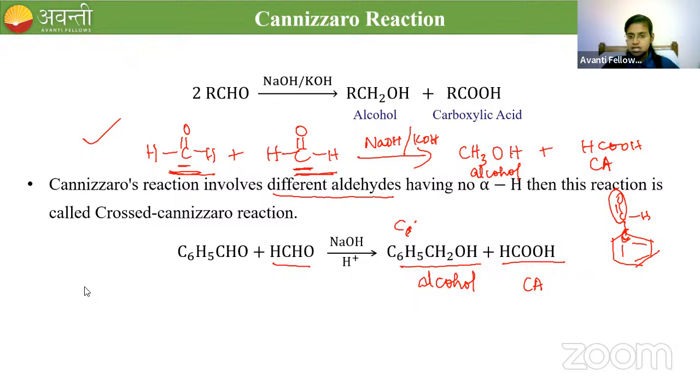If I oxidize this aromatic aldehyde, I will get benzoic acid, right? And if I reduce the formaldehyde, I will get methanol, CH3OH. So this is the reduced product and this is the oxidized product. Can this combination be formed? What is your opinion?